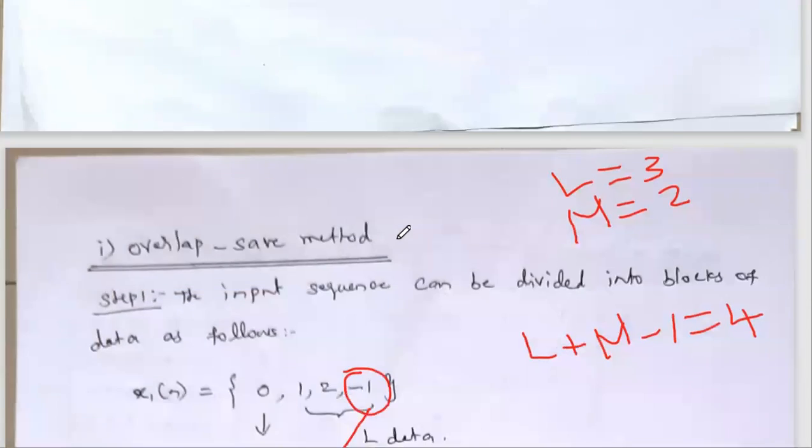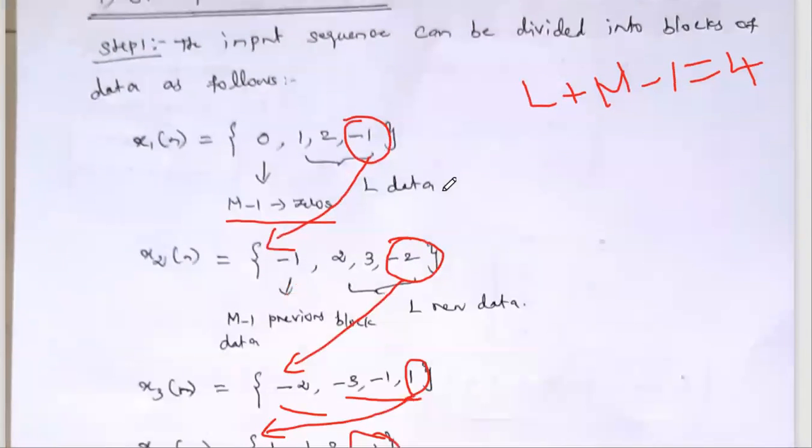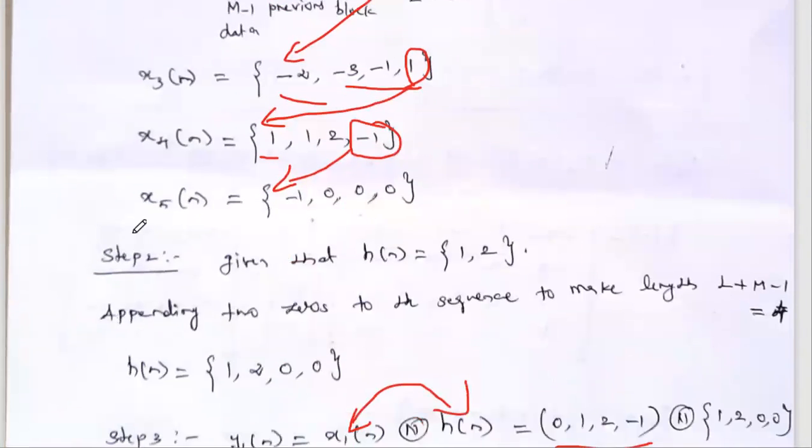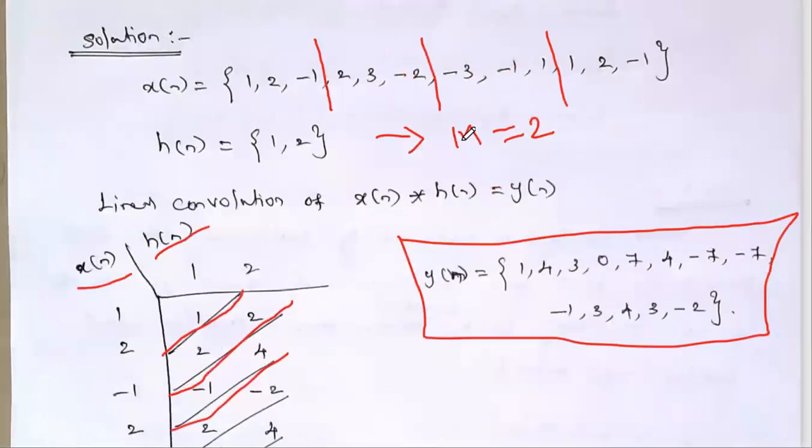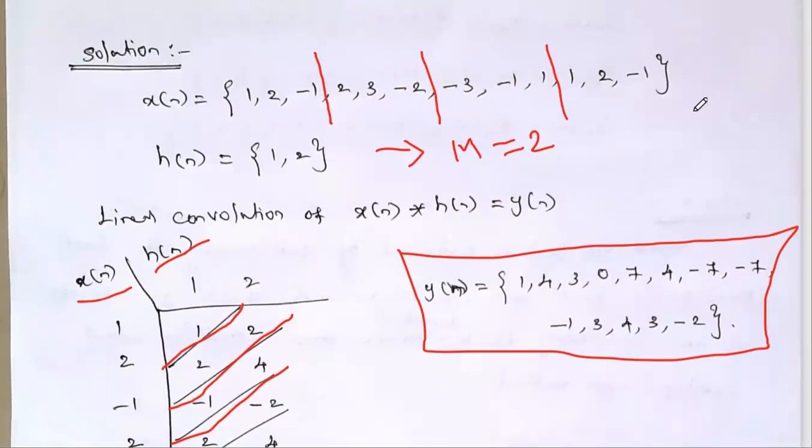Now, why in this overlap save method are we constructing this x5? We are dividing x of n into 3 blocks, splitting 3 data each. The first 3 data we utilized in x1, the next 3 data in x2, and so on in x3 and x4.